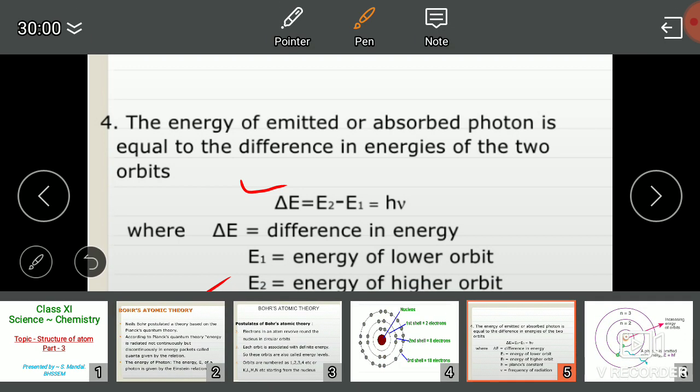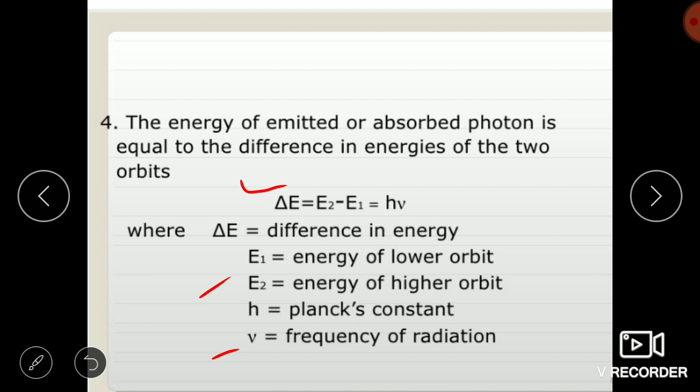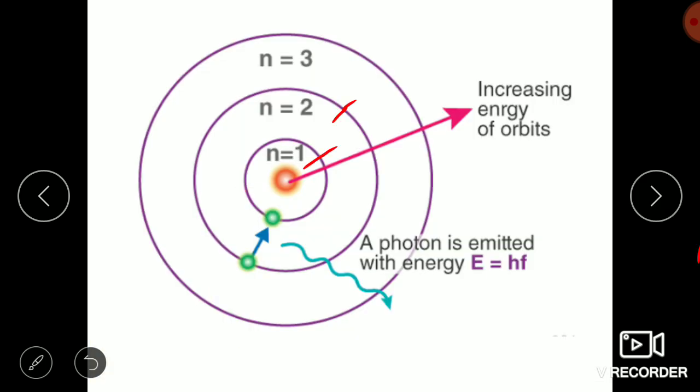So like this, from Bohr's postulate from quantum mechanics, we can tell about the difference in energy between the orbits, or we can say the difference of energy of the electron. So when the electron is in the second orbit, it possesses high energy. When it has to jump back to the lower orbit, the extra energy it will radiate. Okay, and this energy will not come continuously but in packets.